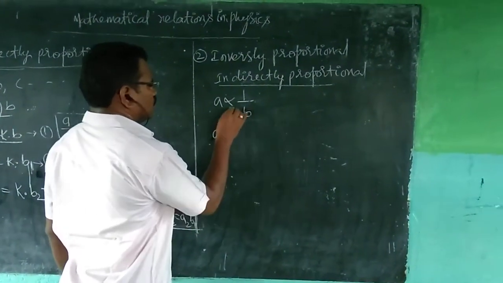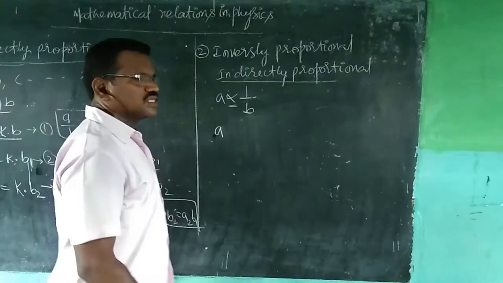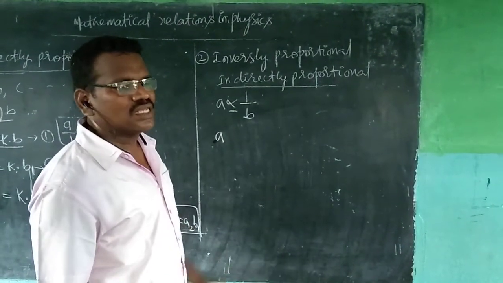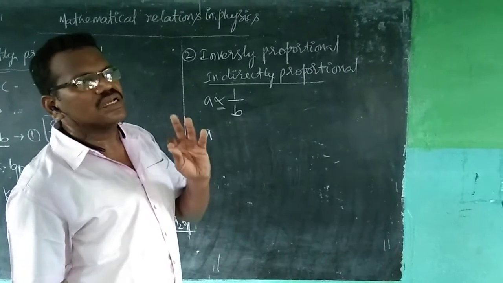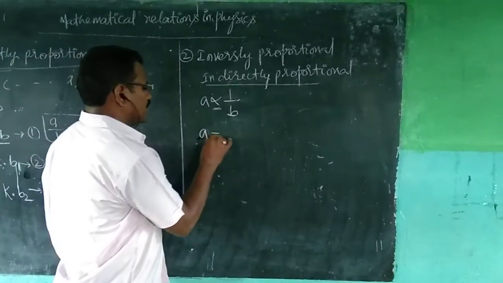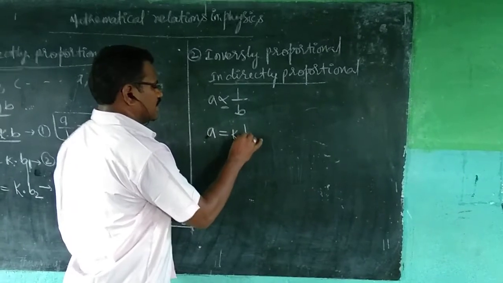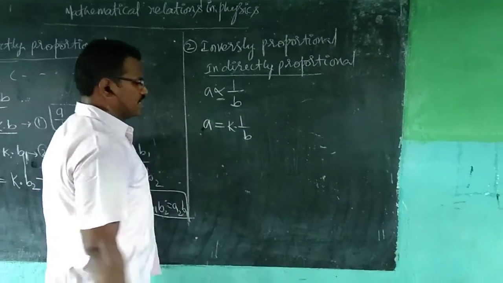Now, to remove the proportionality, as I said earlier, we should introduce the equal symbol and K. Now A is equal to K into 1 by B.